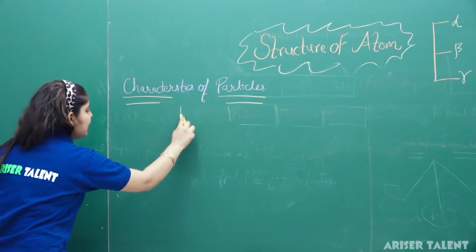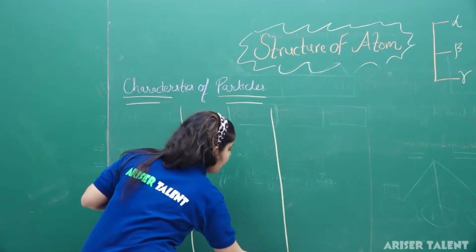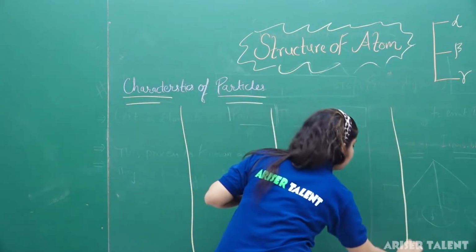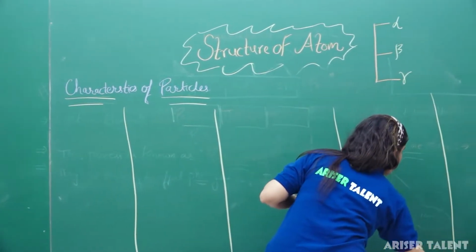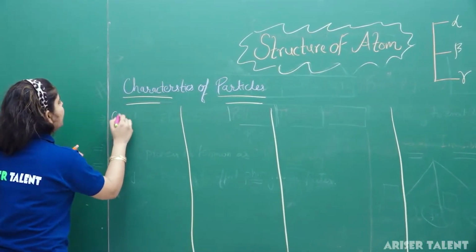Here we will describe the characteristics of the particles. Next we have alpha particles, beta particles and thirdly we have gamma particles. So firstly we will write about the characteristics.